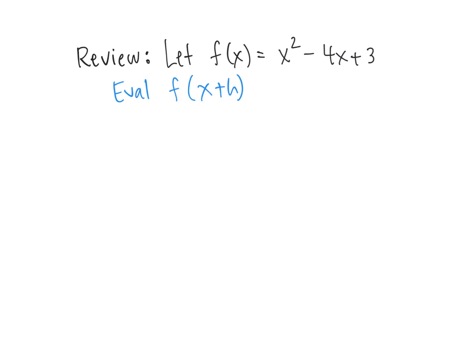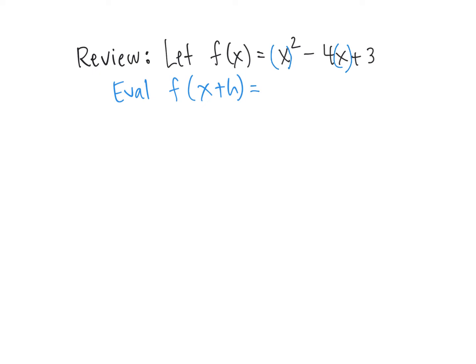So that would equal, and here's where I was laying the foundation for preparing for an input. What does f do with its input? It squares its input, then subtracts from that 4 times the input, then adds 3.